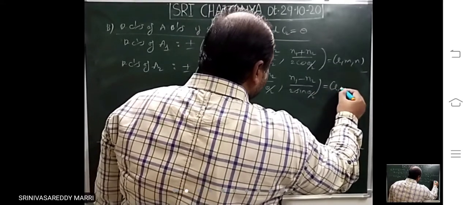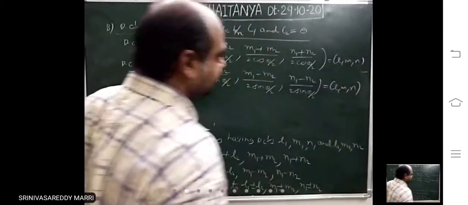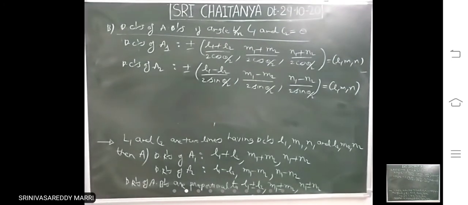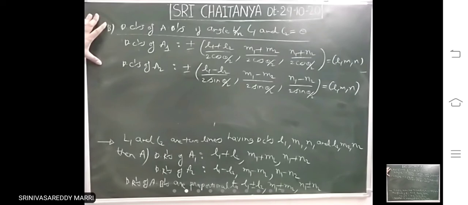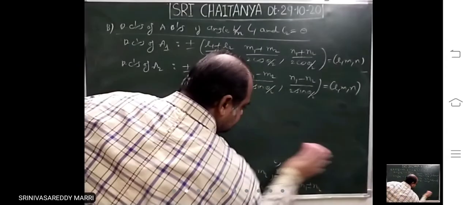This is for the other angular bisector. These are DRs and these are DCs. Now look at how you got this one. I will tell you the theorem. The formula is this.